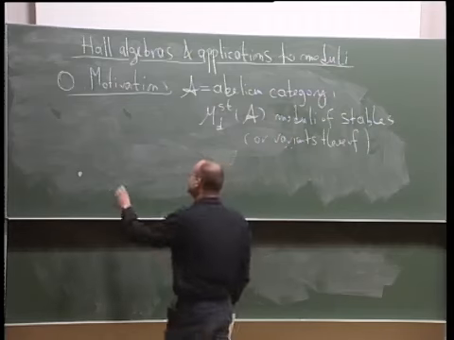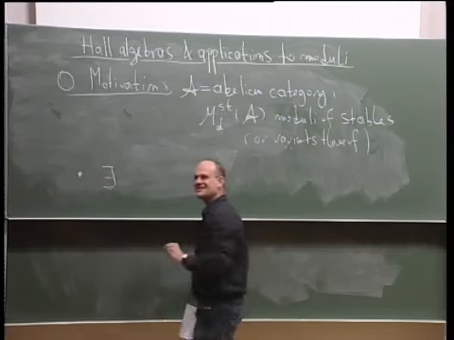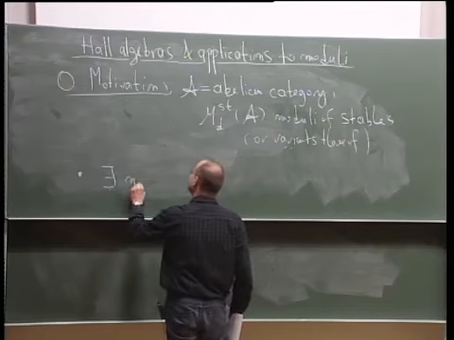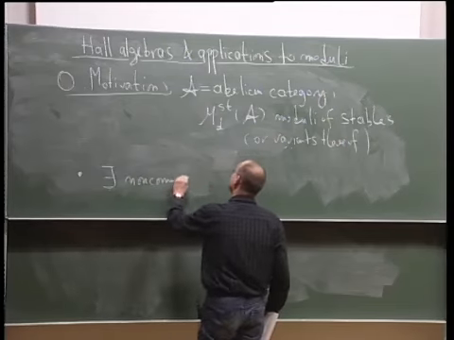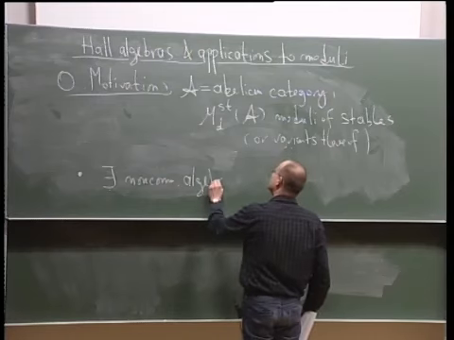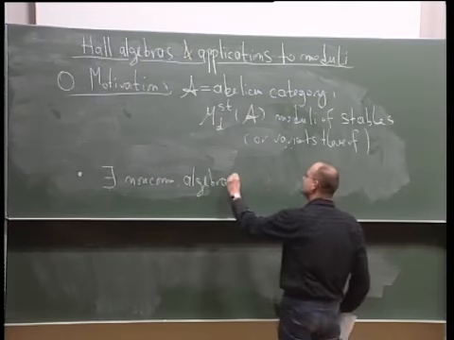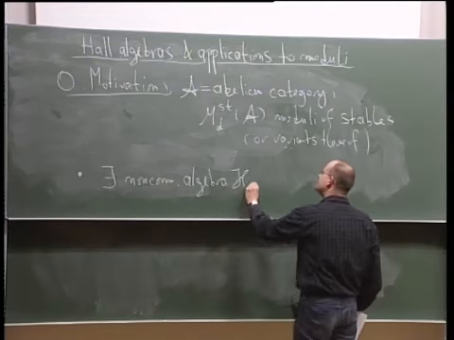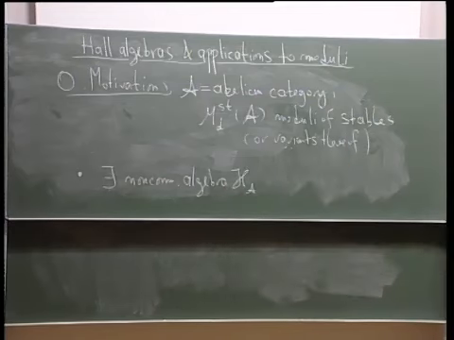And then the point I want to make is this: there exists a certain non-commutative algebra, the Hall algebra, H of A, which encodes quantitative information about these moduli spaces.